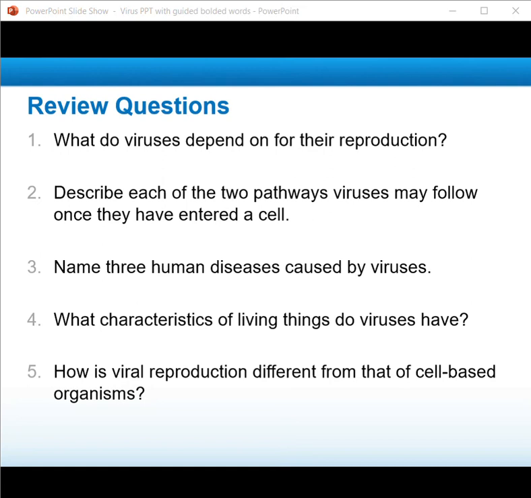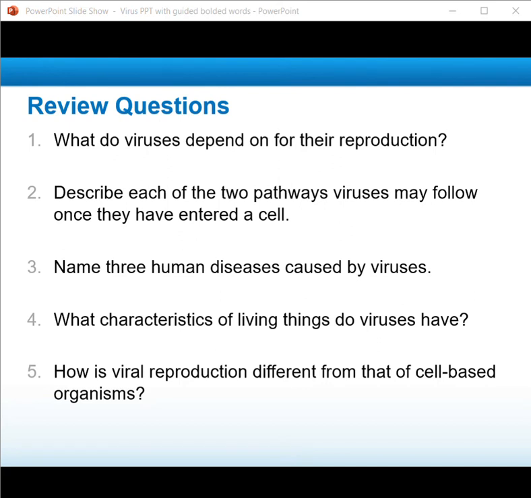Number 3, name 3 human diseases caused by viruses. If you think back to the chart that we were looking at, there were a few different things on there. I chose the easy ones that most people know right off the back of their hand: the common cold, the flu or influenza, and also AIDS.